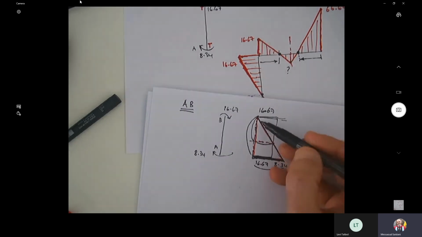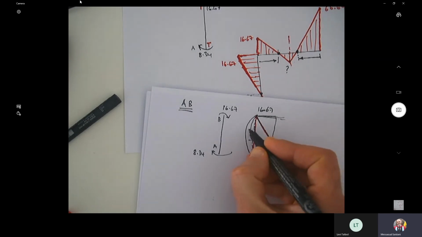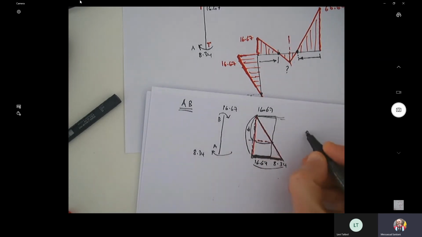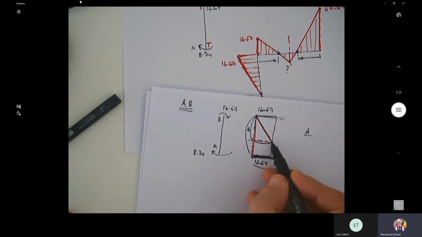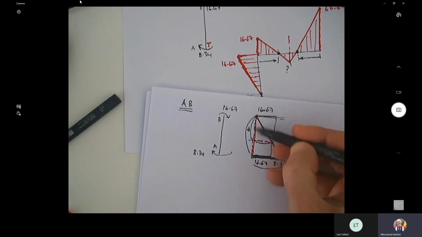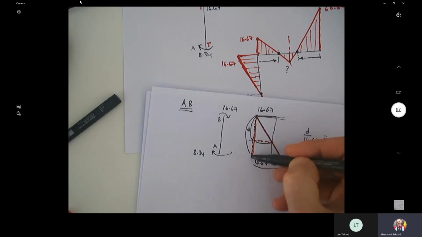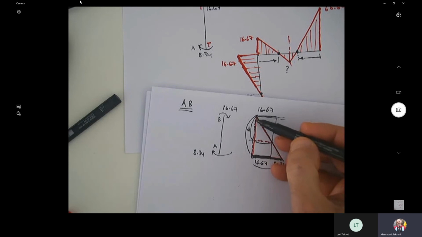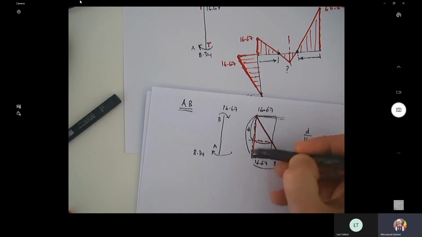Do we know the length of this side or not? No. Okay, let's call it D. So we have D over. Do we know this side? 16.67. Good. Do we know the longest side, this one here? 4 meters. Do we know this side, how long it is? 4 meters.